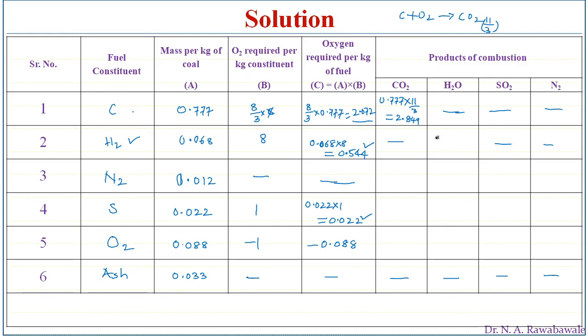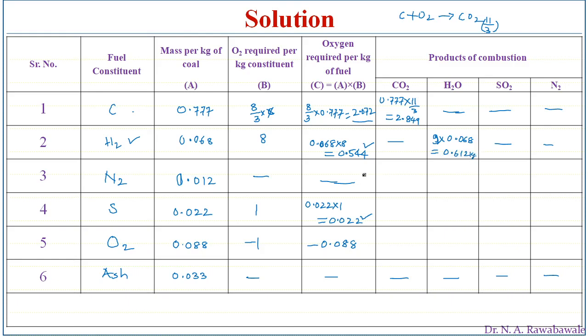So this is multiplied by 9 into 0.068, which produces 0.612 kg of water.